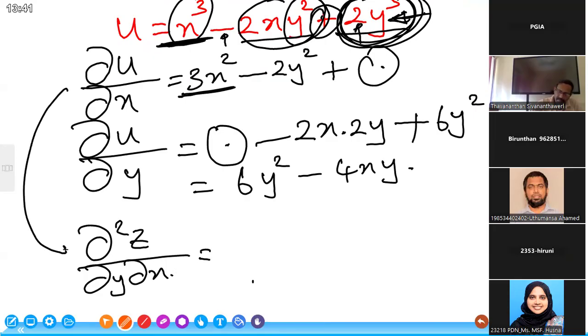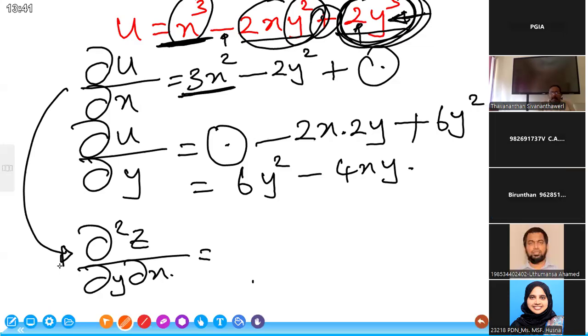You differentiate this component with respect to y. Anybody? 12y minus 4y.